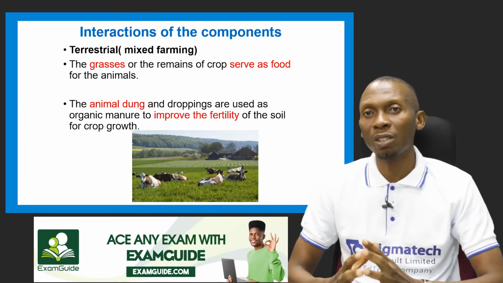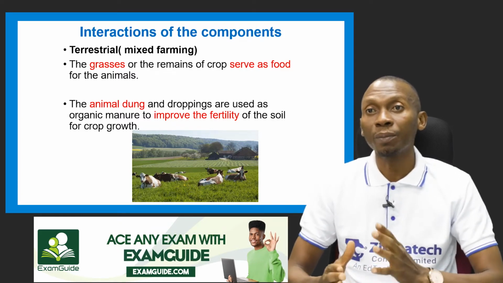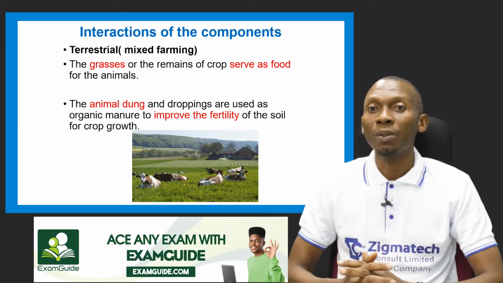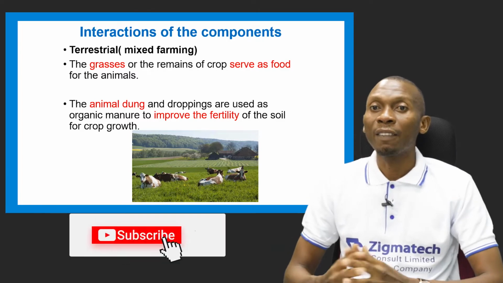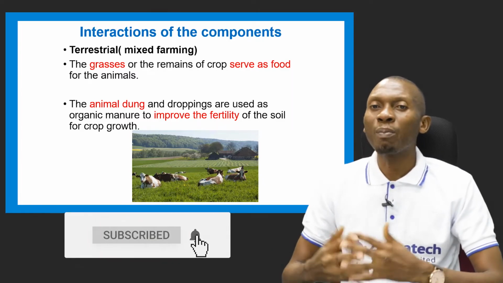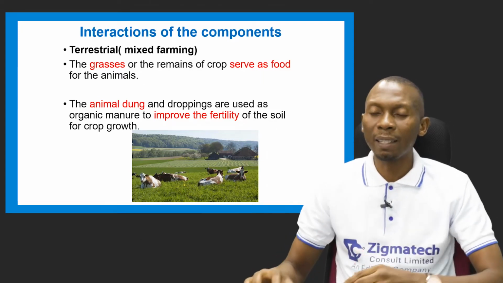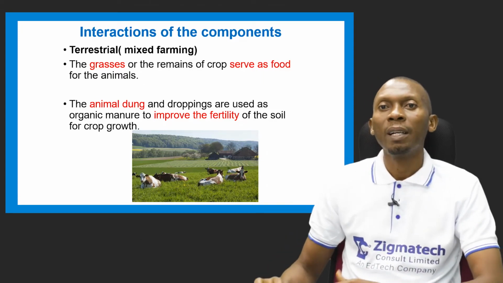So you can see the interaction between the biotic and the abiotic. The soil, which is an edaphic factor, its fertility can be improved as a result of the animal dung or droppings that are deposited on the soil.